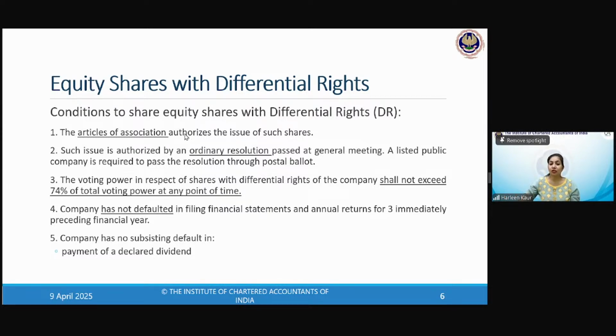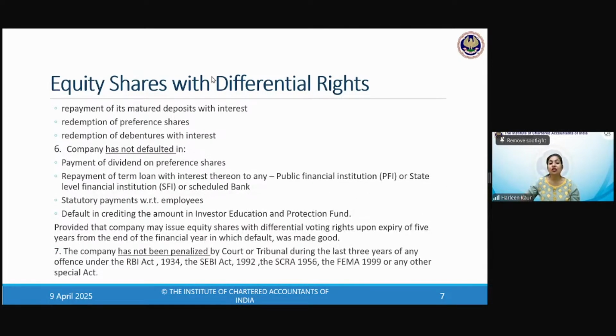AO authorization is important. Do we need to pass an SR or OR when we have to issue DVRs? Correct answer, OR. The voting power of the DVRs shall not be more than 60%, 50%, 75%, or 74%.